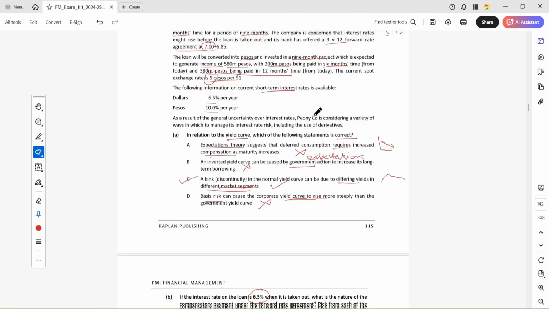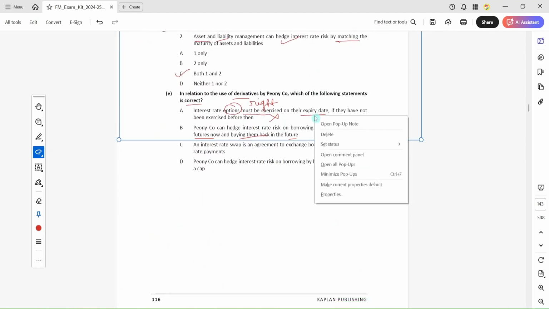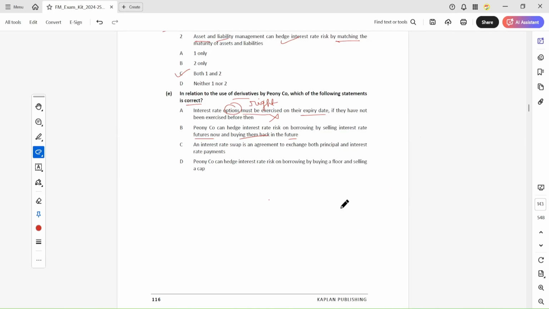Okay, selling futures: when you borrow, you sell futures, then you buy the futures back. In the case of borrowing, you sell the futures, then you buy the futures. Okay, so this is correct.